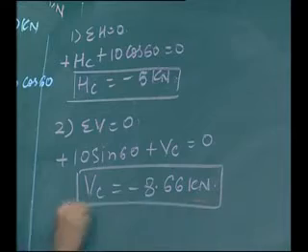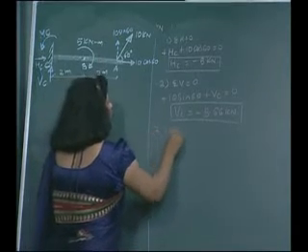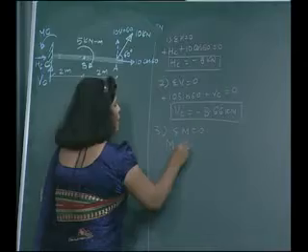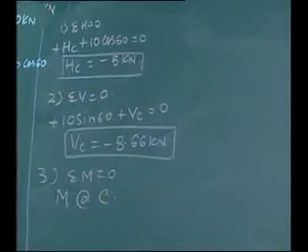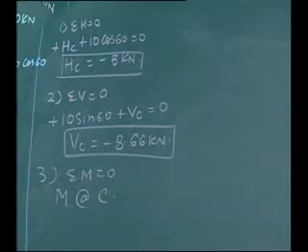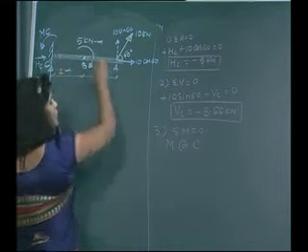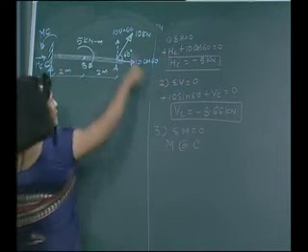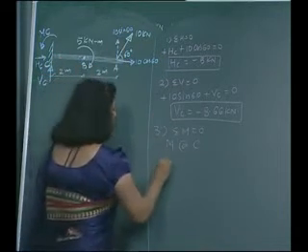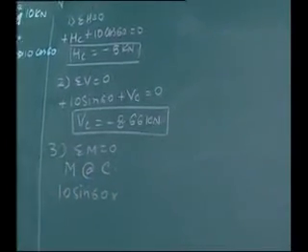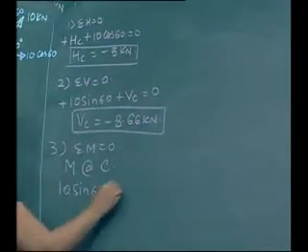And third is sigma moment is equal to 0. So moment about support C. First is 10 cos 60. The line of action is coinciding with the point, so it will not produce any moment. Second is 10 sin 60 into what is the distance? 2 plus 2, so that is 4.